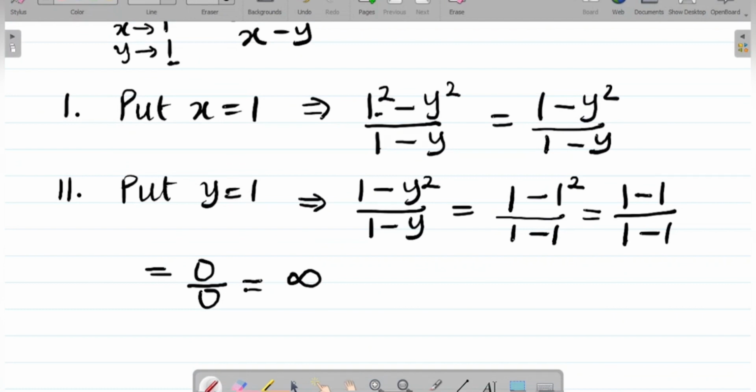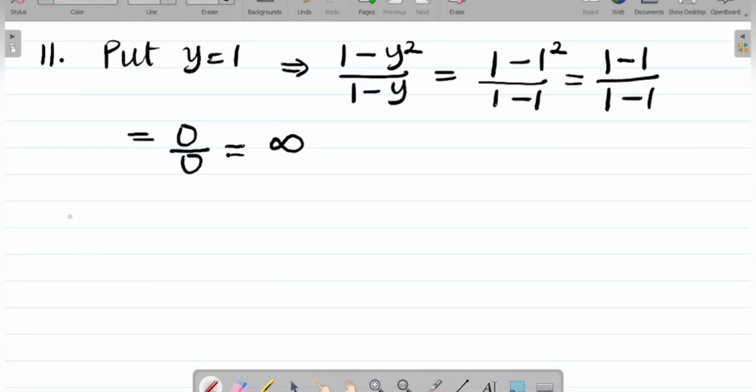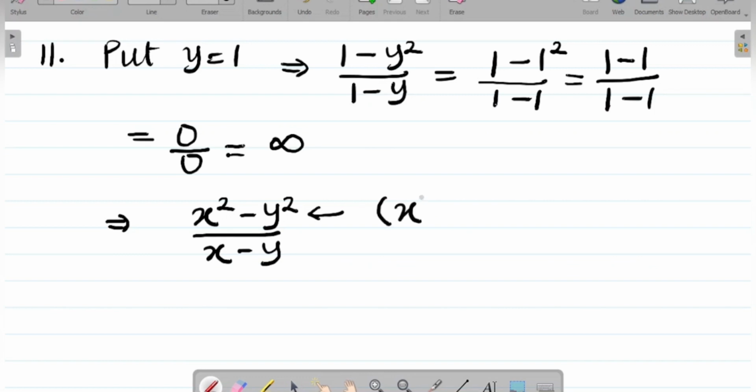If I check carefully, the given question there was x squared minus y squared all over x minus y. If I look at the numerator there, the numerator is a difference of two squares. For a difference of two squares, if two terms are being squared and subtracted, x squared minus y squared should be equal to x plus y multiplying x minus y.